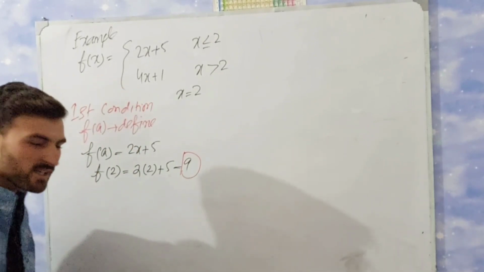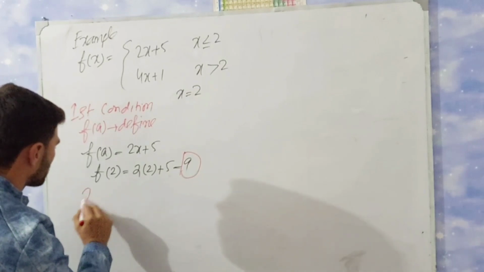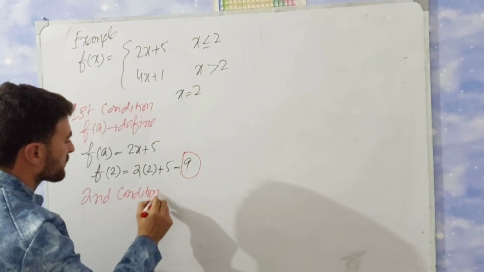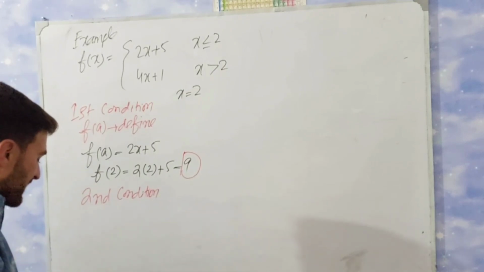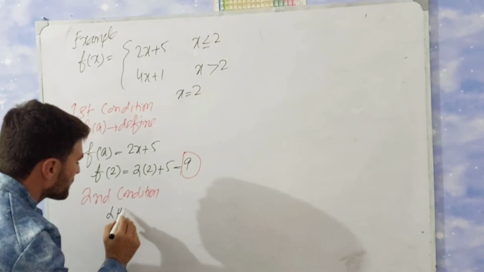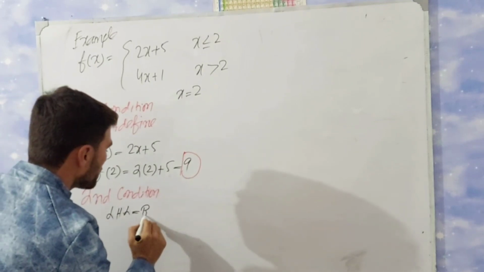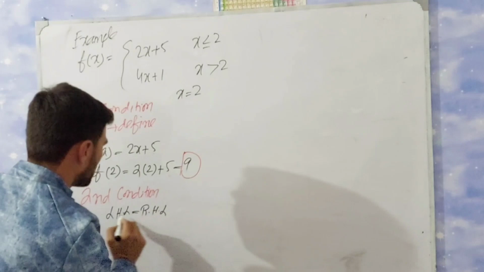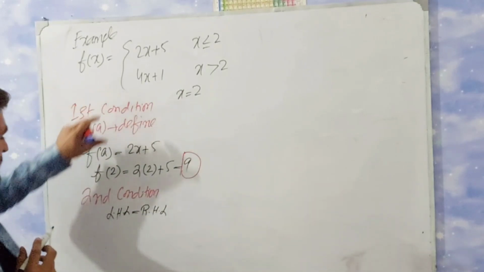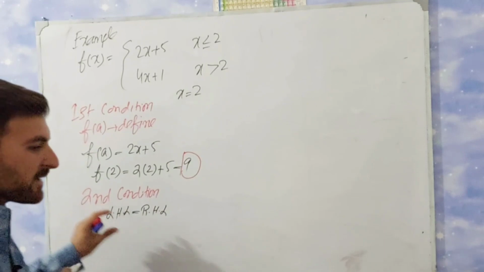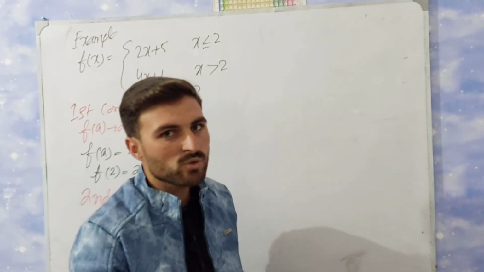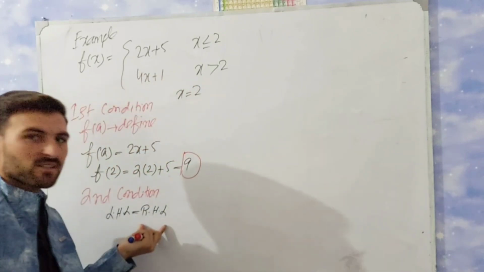Now let's move to the second condition. What was the second condition? The second condition was that the left hand limit should be equal to the right hand limit. So we will take the left hand limit first, and after that we will take the right hand limit.